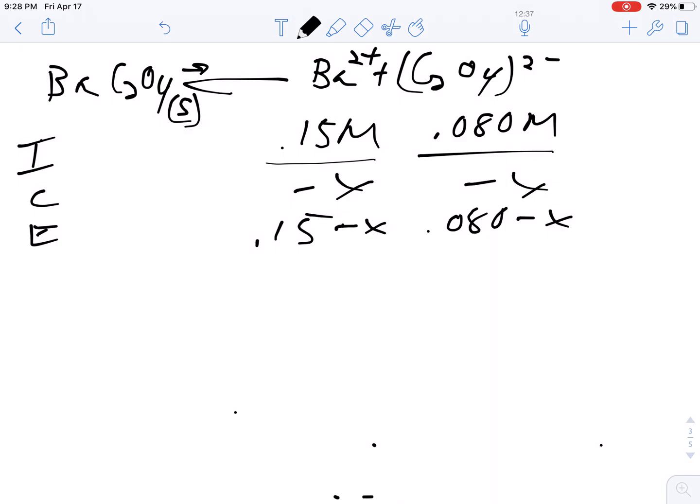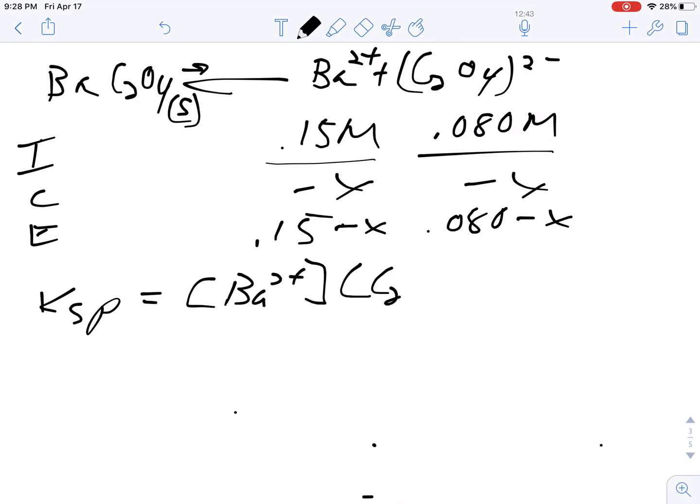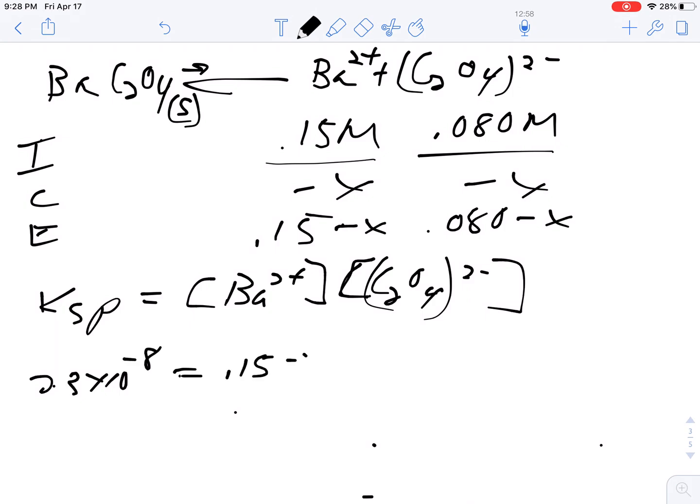So KSP is equal to the concentration of barium times the concentration of this. My KSP is 2.3 times 10 to the negative 8th. My equilibrium concentration is this.